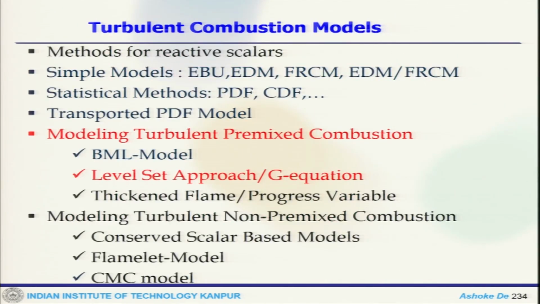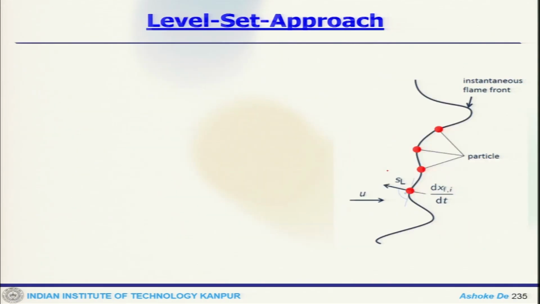Now we move to the level set approach, or G equation approach. Here you have an instantaneous flame front, and there are so many points where you can show the kinematics of the flame front.